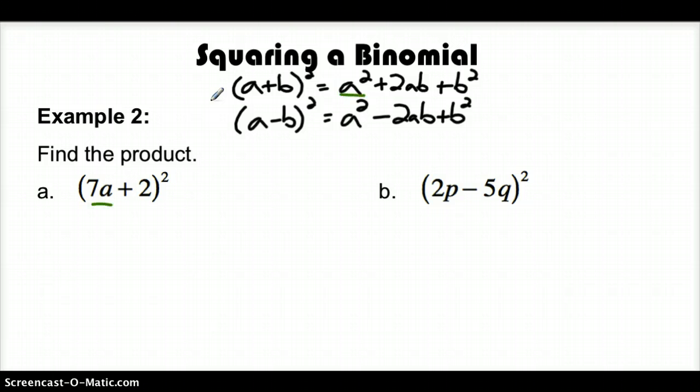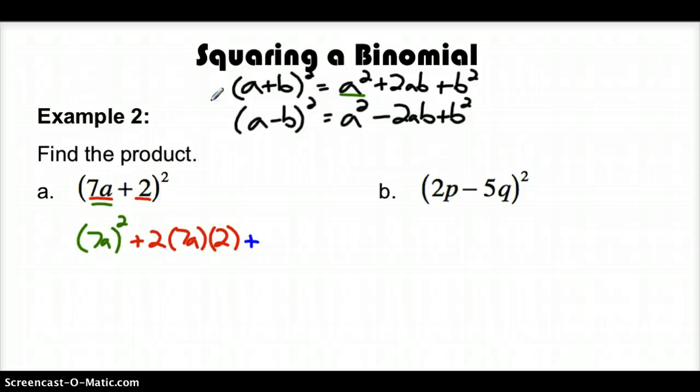My a term here, I'm going to take 7a, square it. Okay? I'm going to say now plus 2ab, so plus 2 times my a term, which is 7a, times my b term here, which is positive 2. And then my plus b squared portion here, so plus 2 squared.